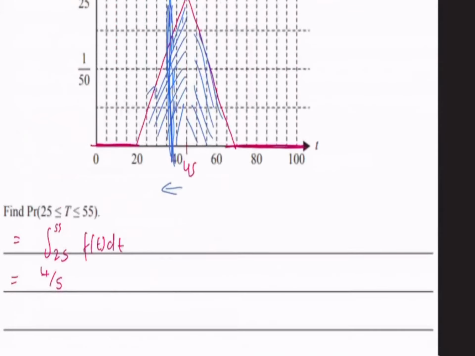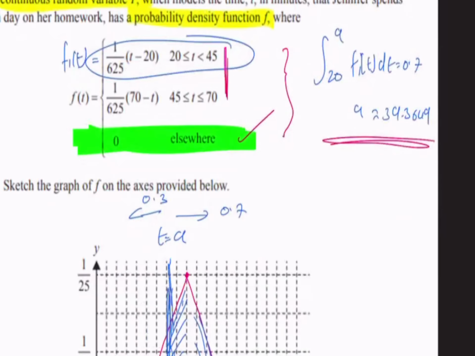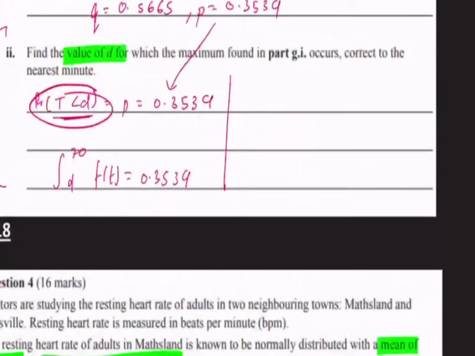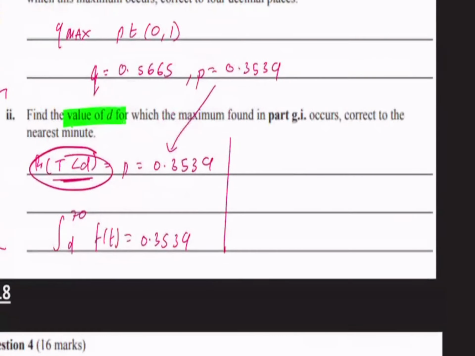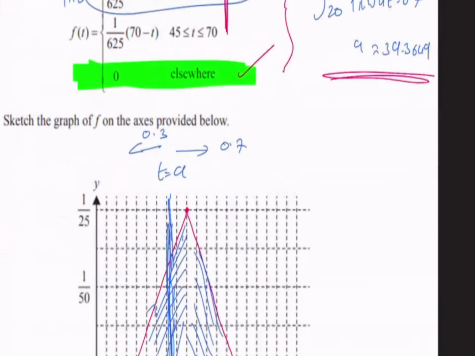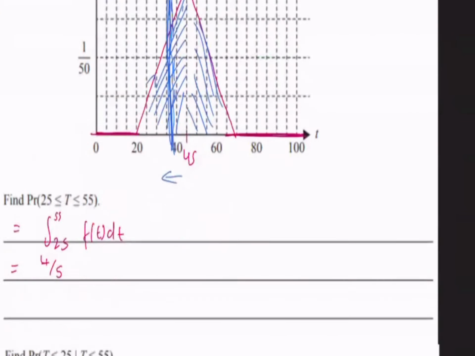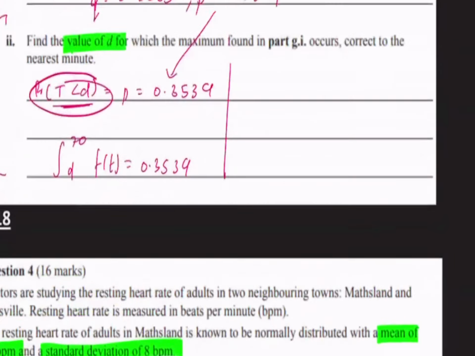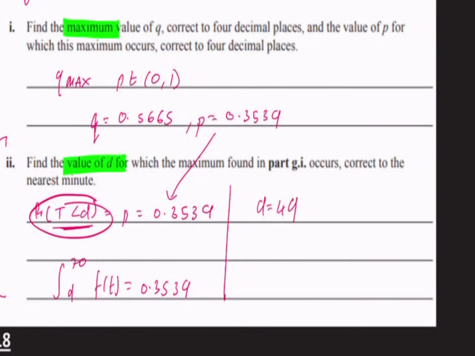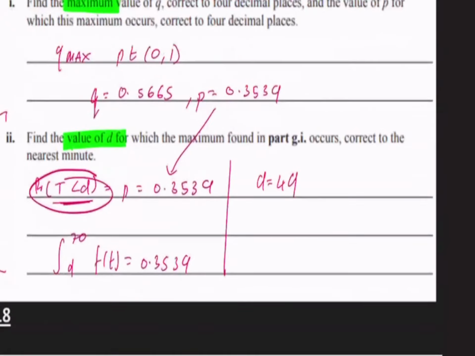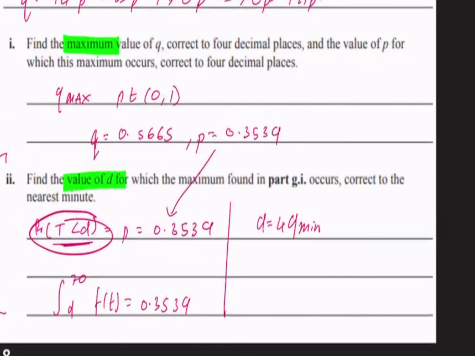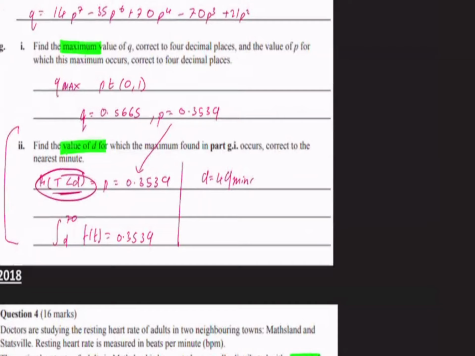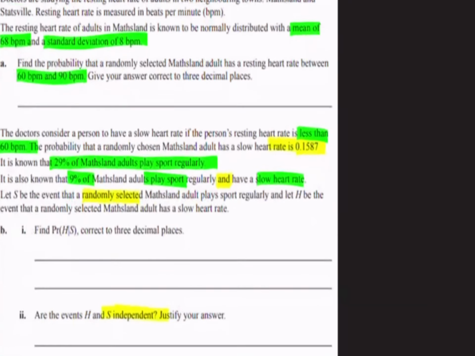Make sure you use the hybrid function and do the same thing as before to avoid your CAS not working. That trick is just like using geometry to make it easier for yourself. And you get D is 49 to the nearest minute. So that is 2017.